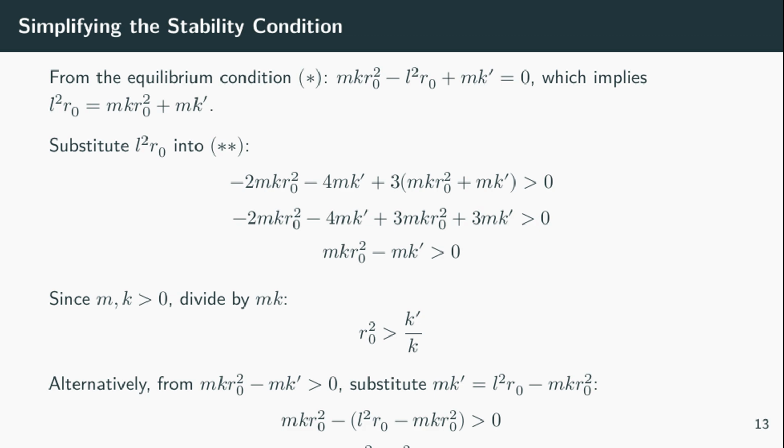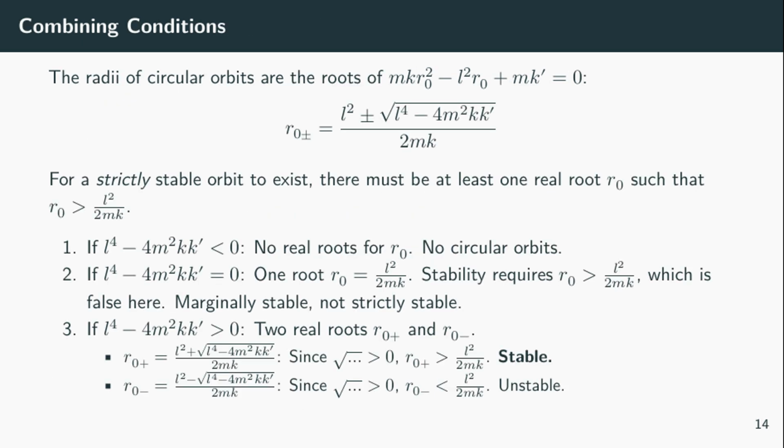Alternatively, substituting for mk prime leads us to the condition 2mk r0 squared minus L squared r0 must be greater than 0. Since r0 is positive, we can divide by it. Rearranging the result gives us 2mk r0 must be greater than L squared. Thus, we find that the circular orbit is stable if its radius r0 is strictly greater than L squared over 2mk.